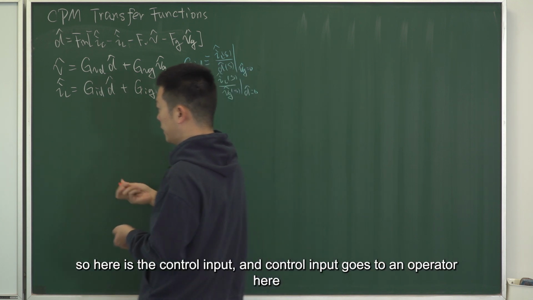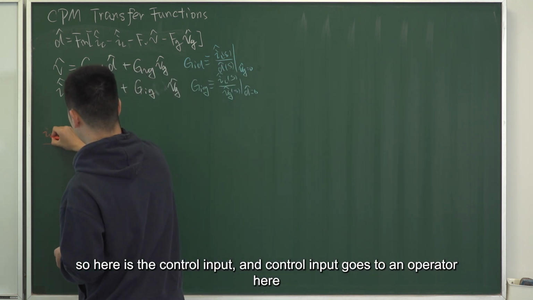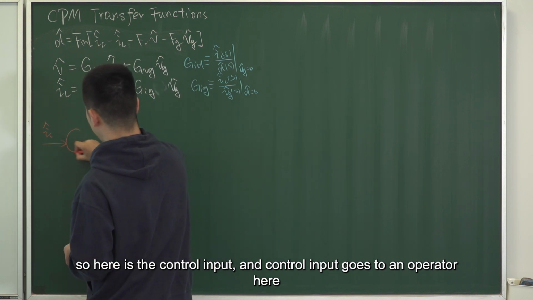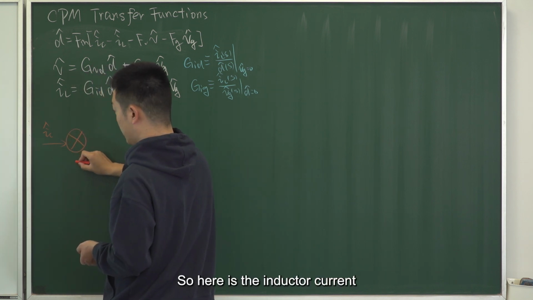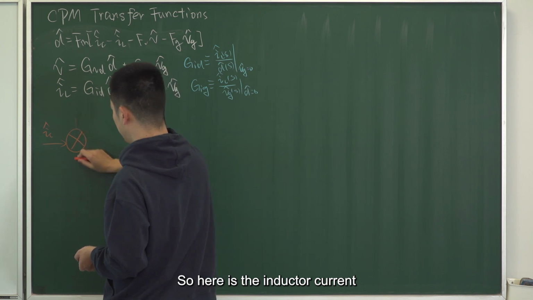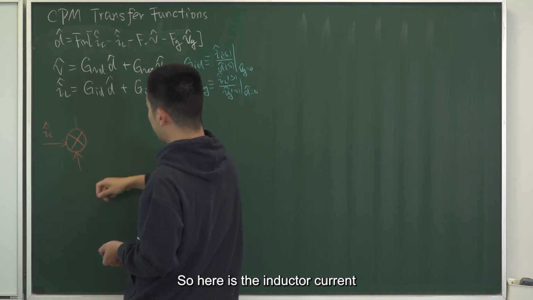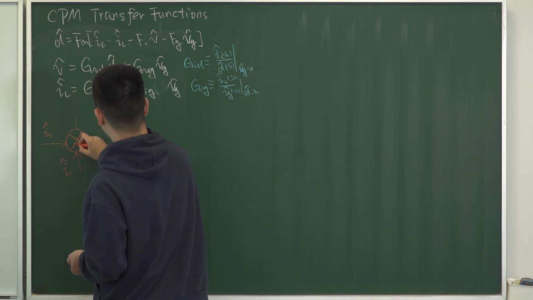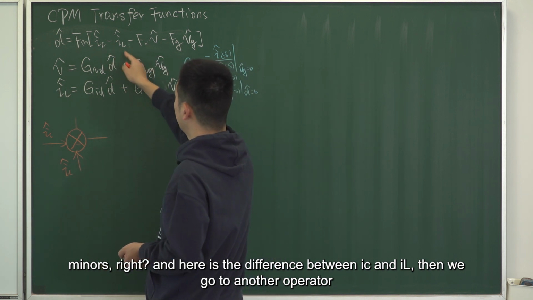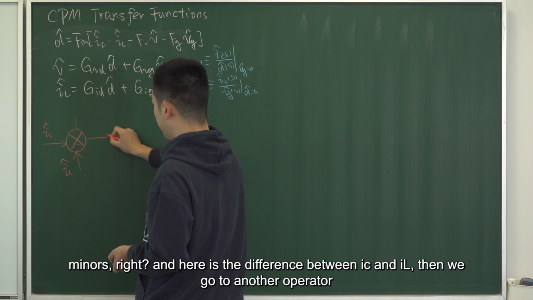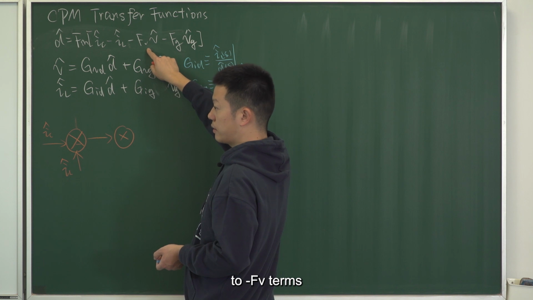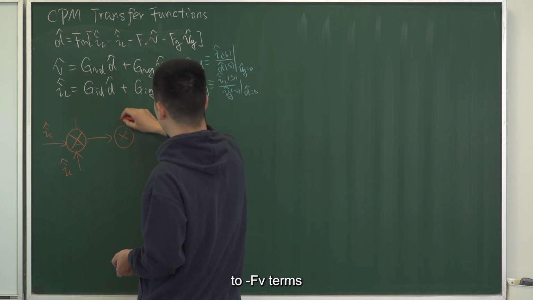We have the control input IC here, and it goes to an operator, where the inductor current is subtracted. Here is the difference between IC and IL. Then we go to another operator to subtract the FV term.